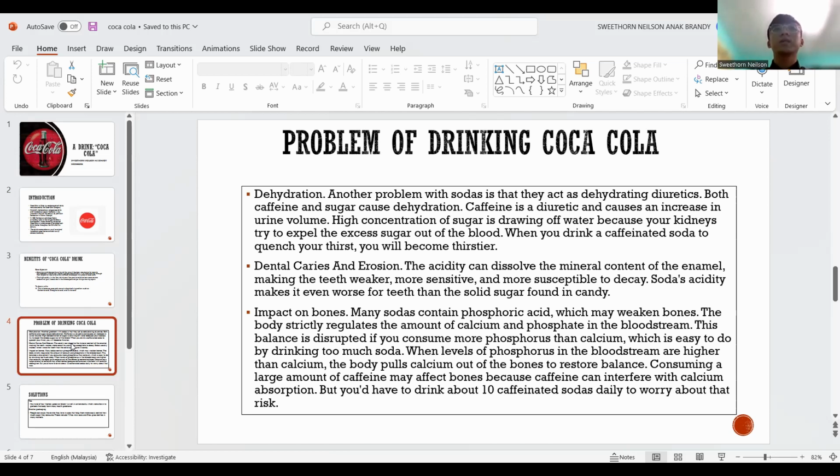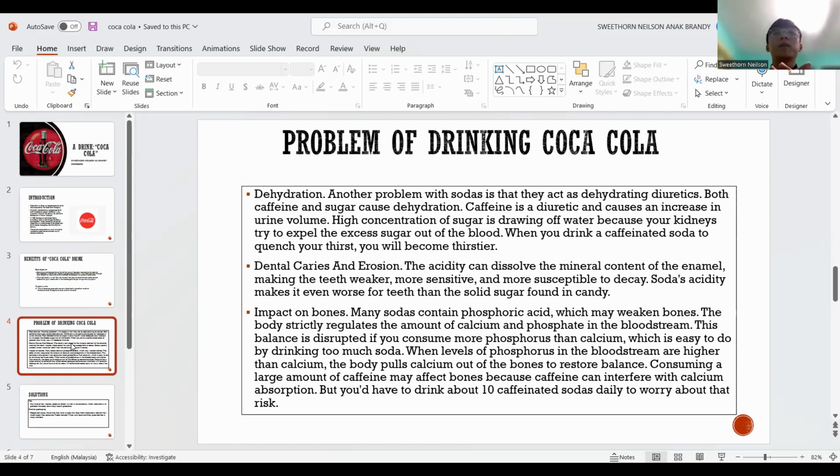High concentration of sugar is drawing water because your kidneys try to expel the excess sugar out of the blood. When you drink a caffeinated soda to quench your thirst, you will become thirstier.